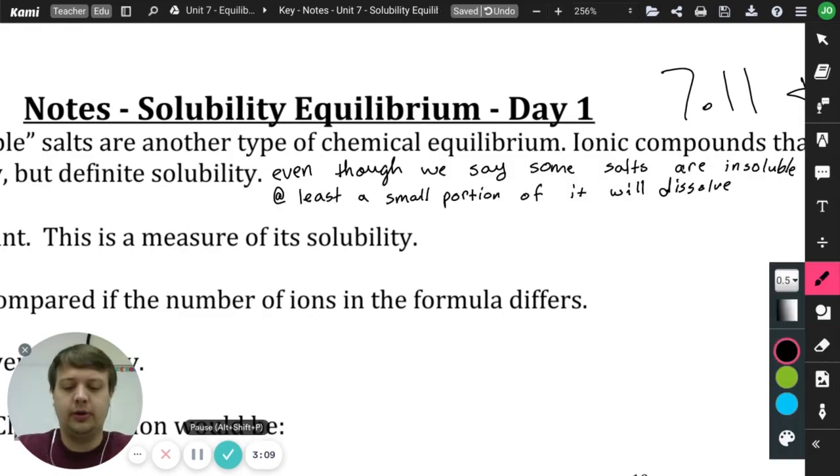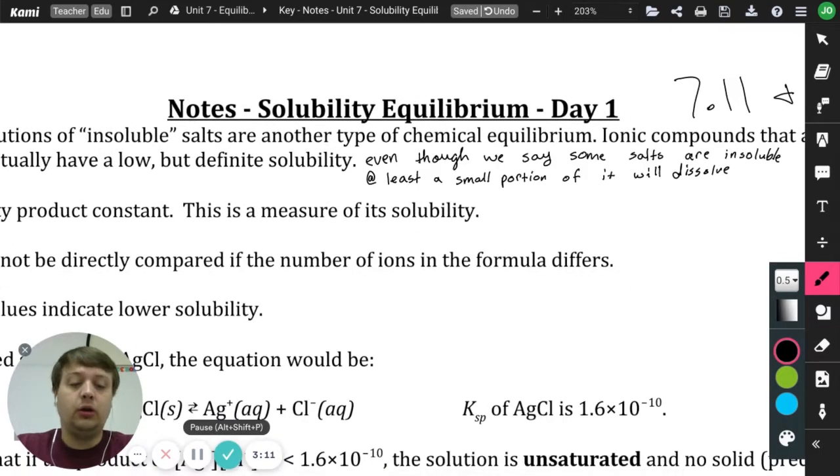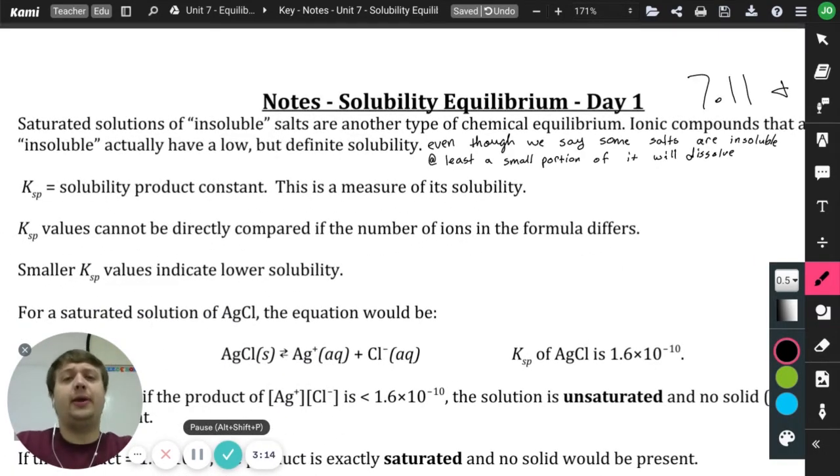Now, when we are looking at Ksp, the solubility product constant, basically this is the measure of solubility of a specific, typically insoluble, salt in that solution.